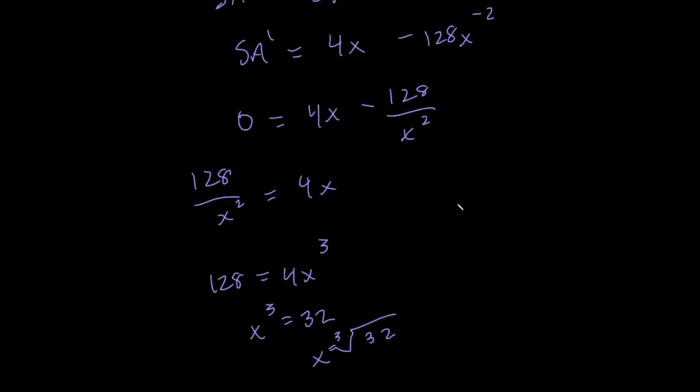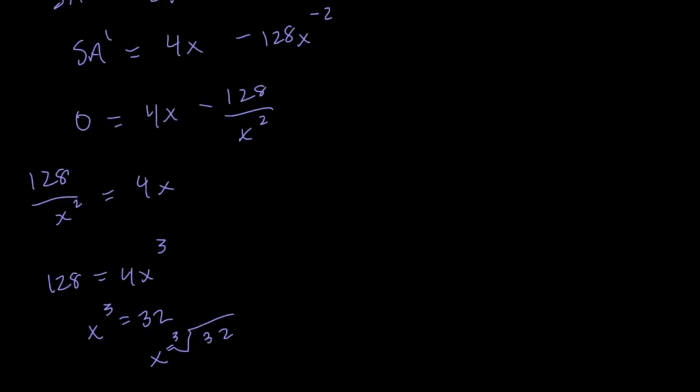So if we want to find h, we're going to have to go back to the volume, knowing that it's 32 cubic units. So volume is x squared h. It is cube root of 32 squared times h.